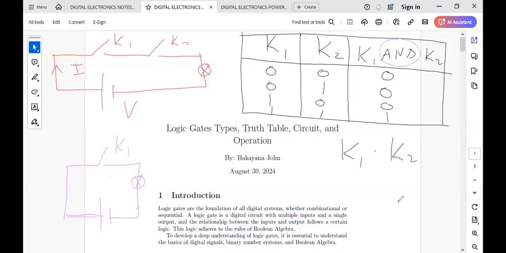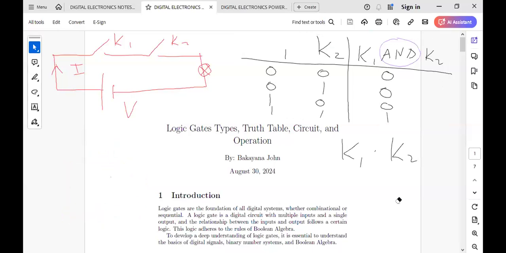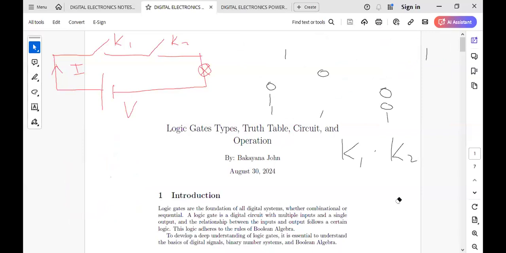Okay, so from this step, I said this table is called a truth table, not so? So we can now write the symbol. We've said that what we are looking at so far is called the AND gate, which is the combination of two gates. And these gates, practically, are switches that are connected in series. Someone was asking, what is the day to day life application of what we are looking at?